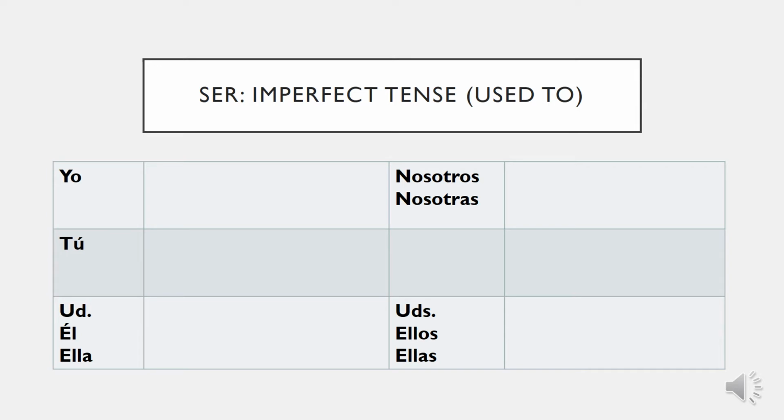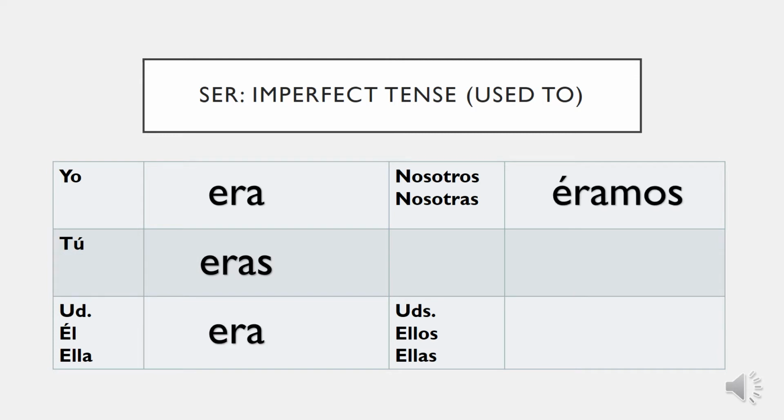Ser in the imperfect tense is conjugated yo era, tú eras, usted, él, ella era, nosotros éramos, ustedes, ellos, ellas eran. Notice the accent in the nosotros form, and also that the yo and the usted, él, and ella forms are the same. So we need to use context to decide who we're talking about.